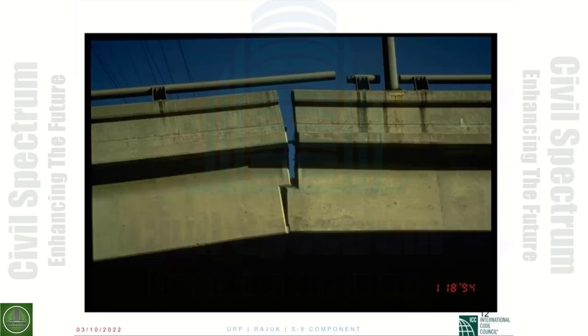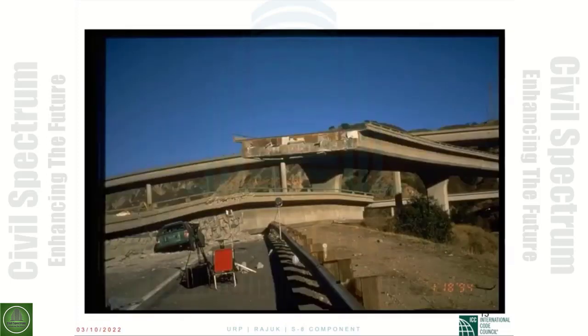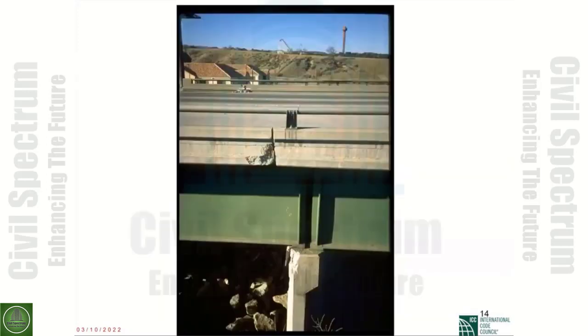That is adequate for the temperature loading, but for the seismic forces, as you may expect, these are very short, and they tend to unseat. This is the same thing: the expansion joint, and that will show you the unseating of the superstructure at the expansion joint.